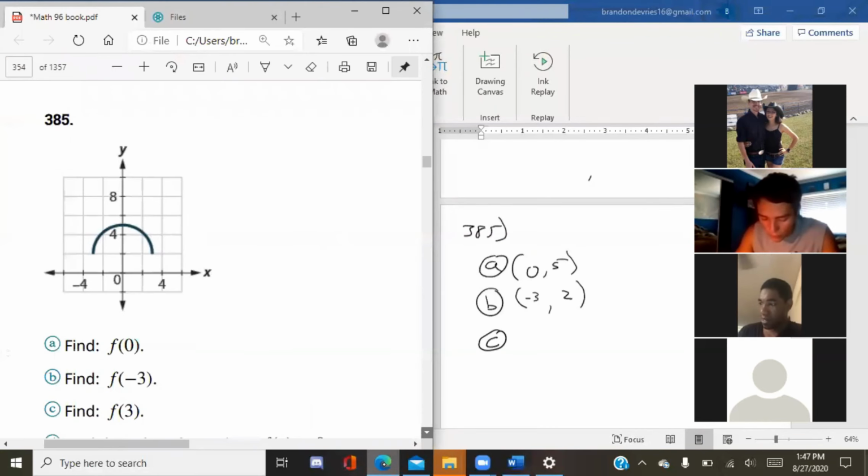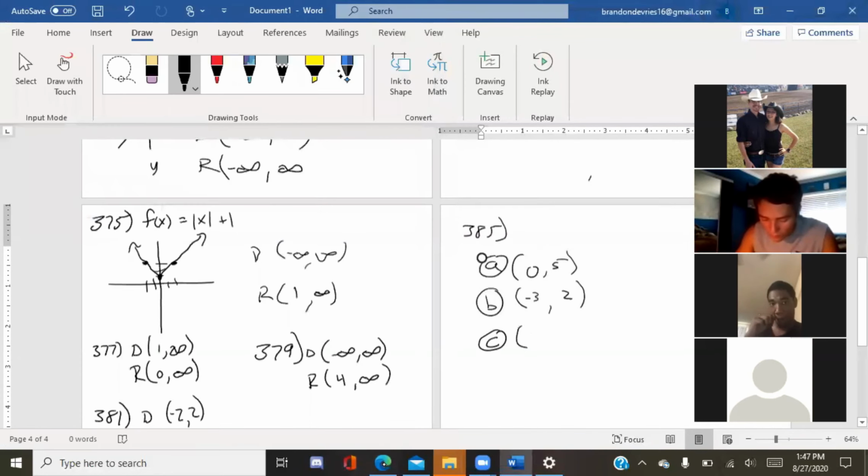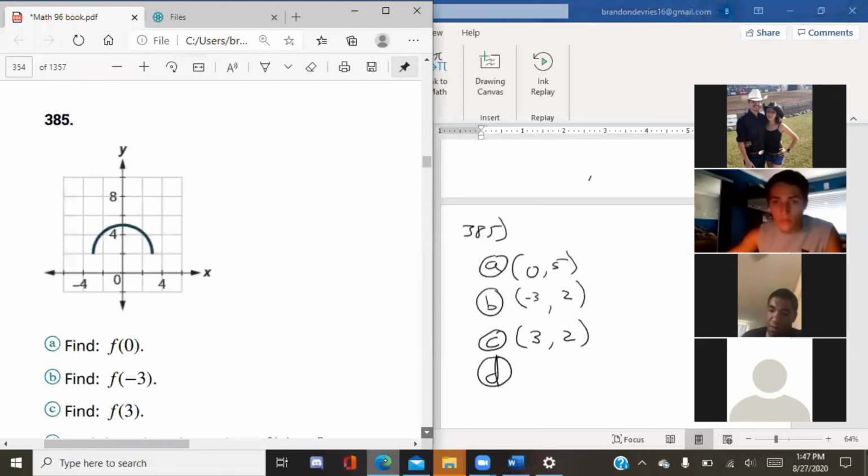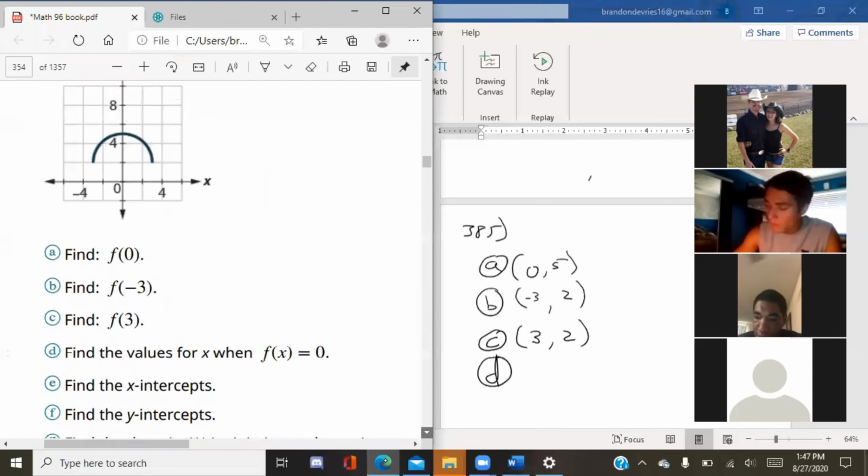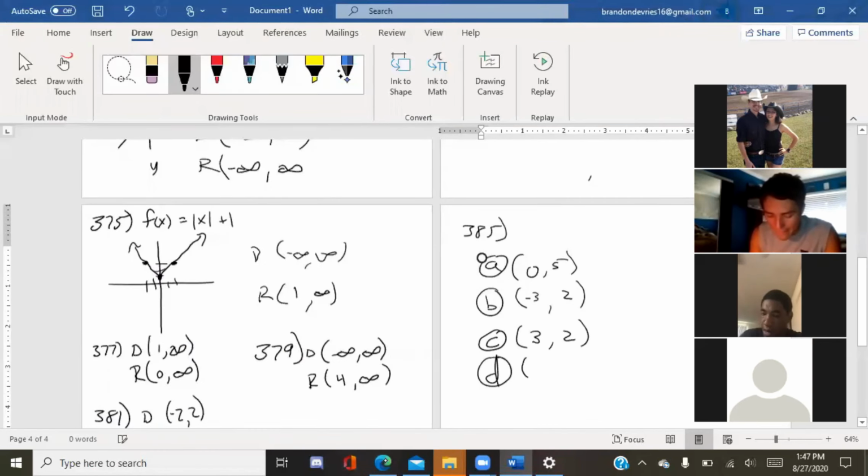And the same thing, it's going to be positive 3, comma 2 for C. Find the values for x when f(x) equals 0. So that'd be 0, comma 5 again, right? Yeah. So that's the same as number 1. That's pretty much the same question.